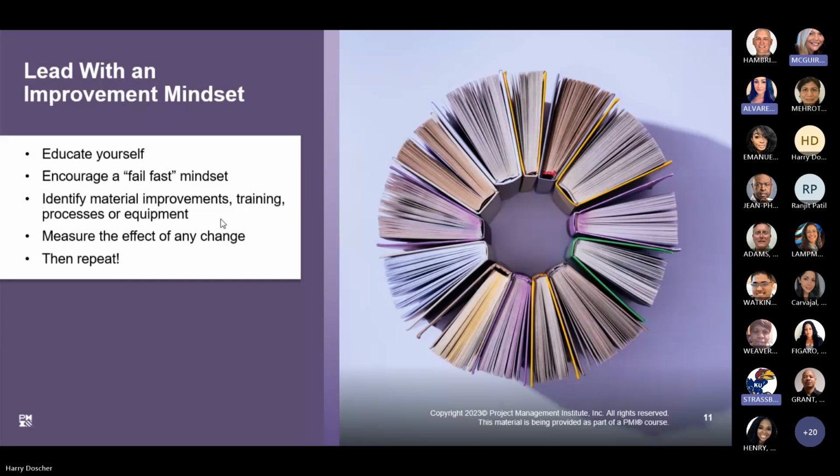Now, if you're using adaptive methods especially, these are some old terms, but encouraging a fail fast mindset, meaning you want to try small experiments, see what works, what doesn't work, and just keep trying. So that failure is a learning opportunity.